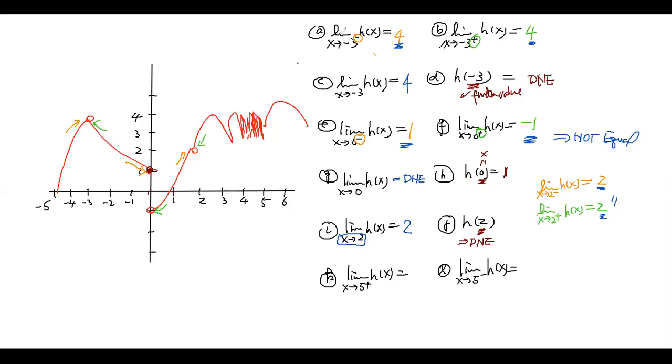Okay, so the next one here is the limit of h(x) as x approaches 5 from the right-hand side, right? So I'm going to 5 from here. What is this limit going to approach? It approaches 3, all right? Now I'm going to approach 5 from the left-hand side. As you can see, from the left-hand side of 5, the graph goes up and down, right?